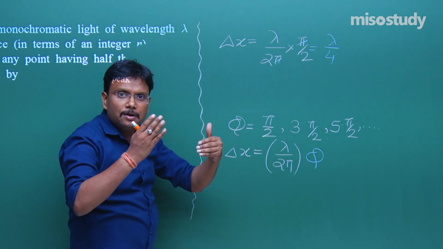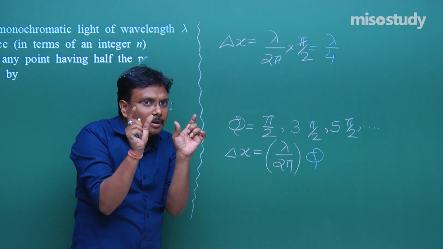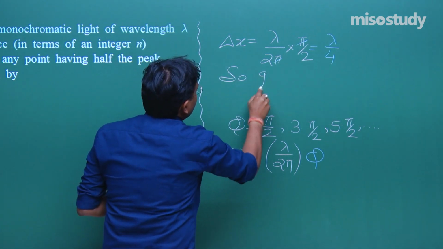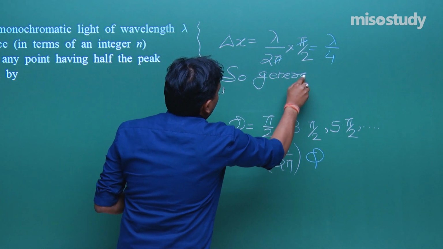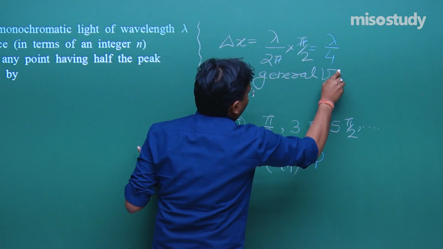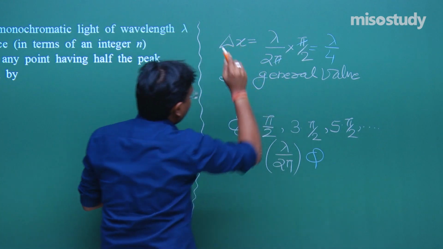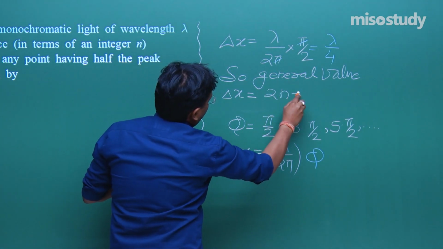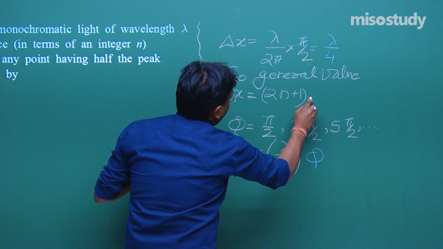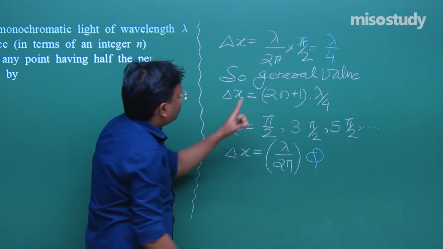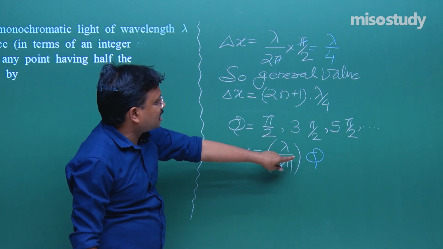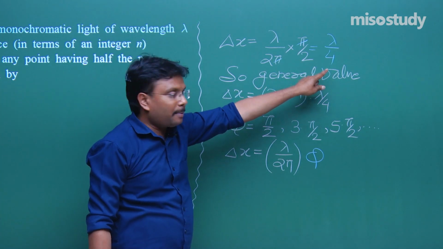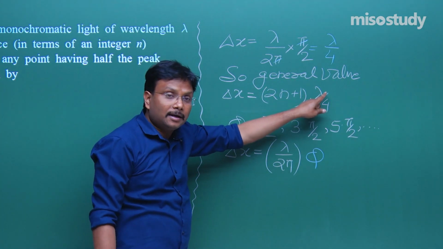Different values, meaning we have to find a generalized term. And what is that generalized term? The general value is delta x is equal to 2n plus 1 into lambda by 4, because in every term, if we keep on changing the values, 3 lambda by 4, lambda by 4, 5 lambda by 4, ultimately lambda by 4 you will get common.